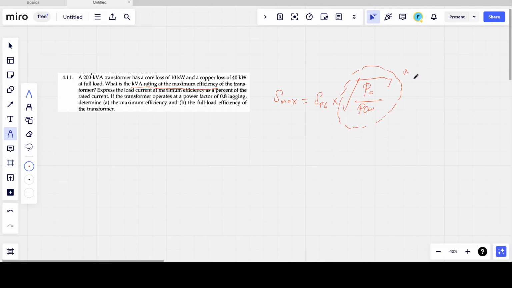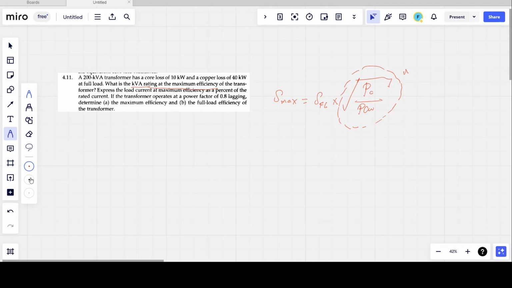So that's the percentage of the load. PC is given to us as 10 and PCU, which is the copper loss, is given to us as 40 kilowatts. So that means we already know the value of S max.